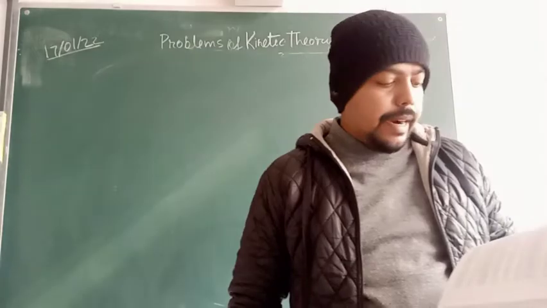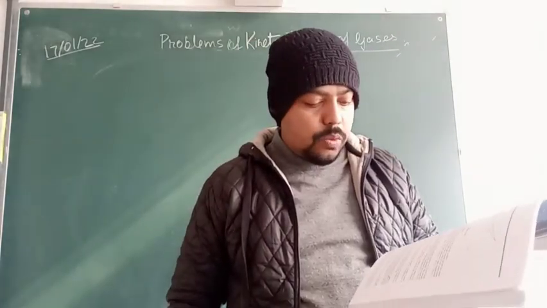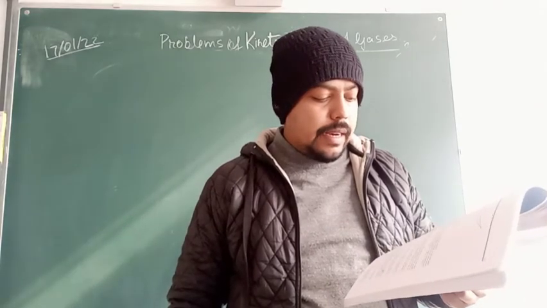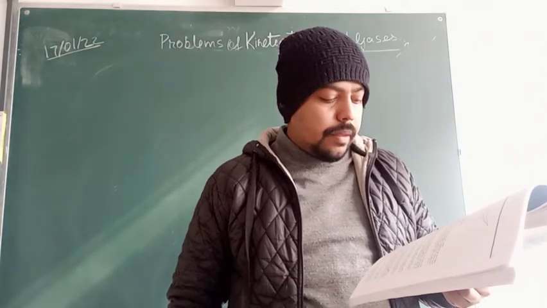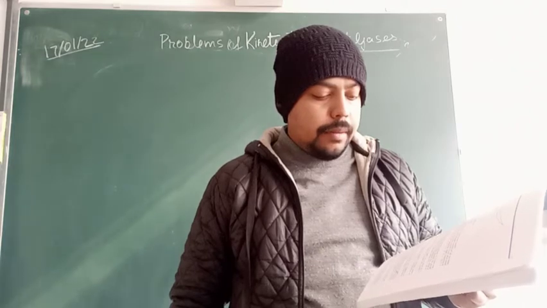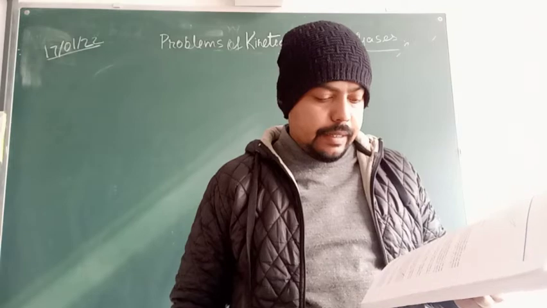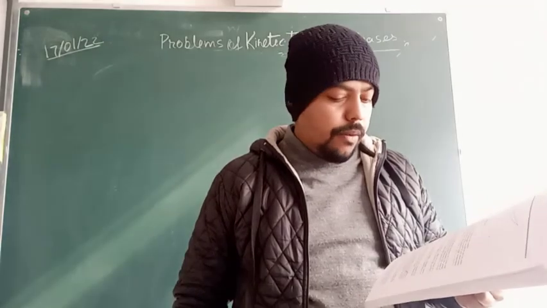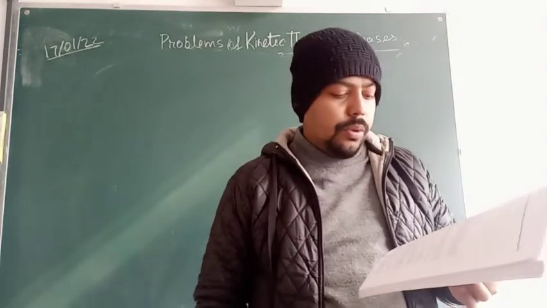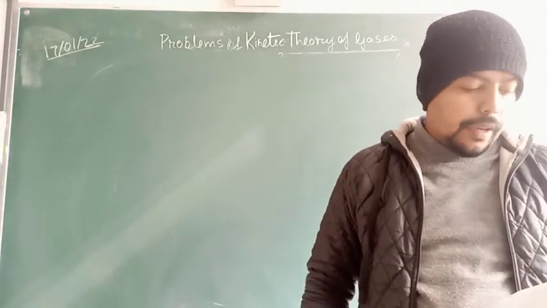The question says: at what temperature is the root mean square speed of an atom in an argon gas cylinder equal to the RMS speed of a helium gas atom at minus 20 degrees centigrade? Atomic mass of argon is 39.9 U and of helium is 4.0 U, AMU.